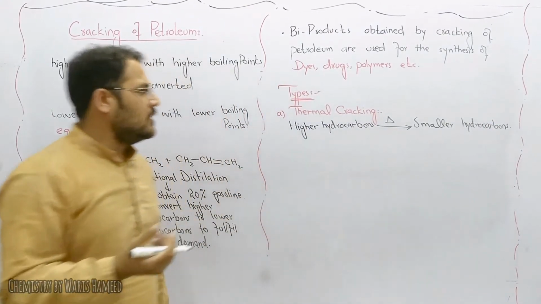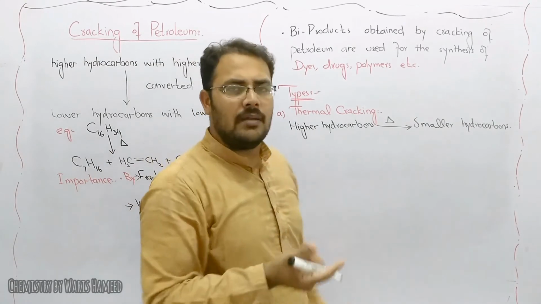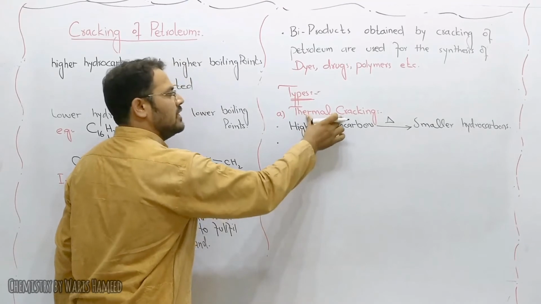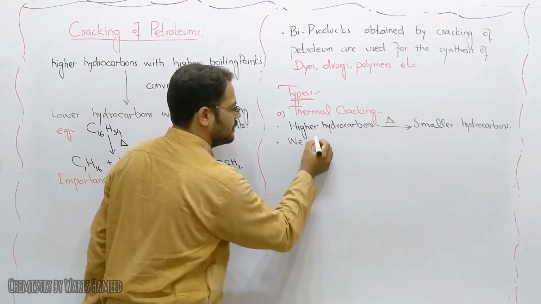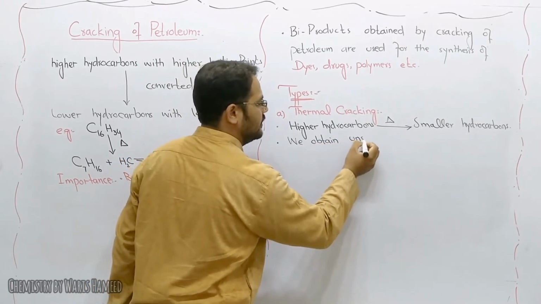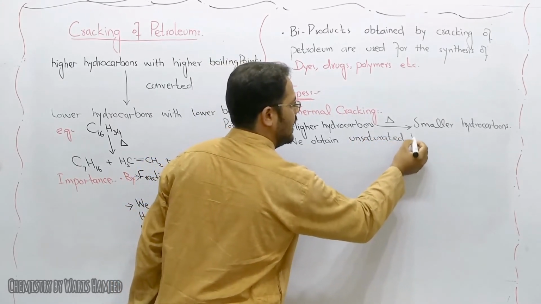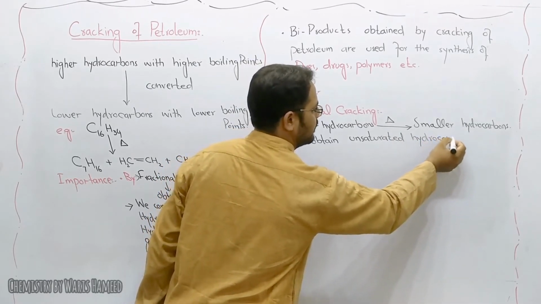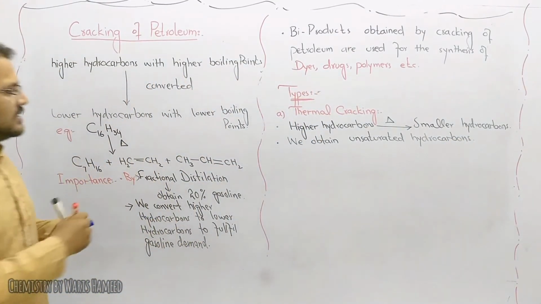Or we can say that for this conversion, we heat the hydrocarbon in the absence of air. During this type of cracking, we obtain unsaturated hydrocarbons.